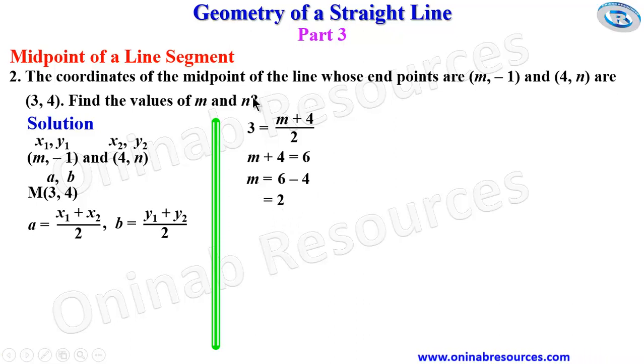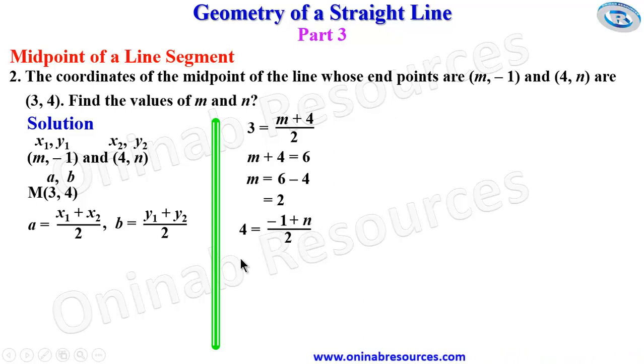For the value of n, we substitute into the formula for b. So our b is 4. So we have 4 equals y1, which is -1, plus y2, which is n, divided by 2.